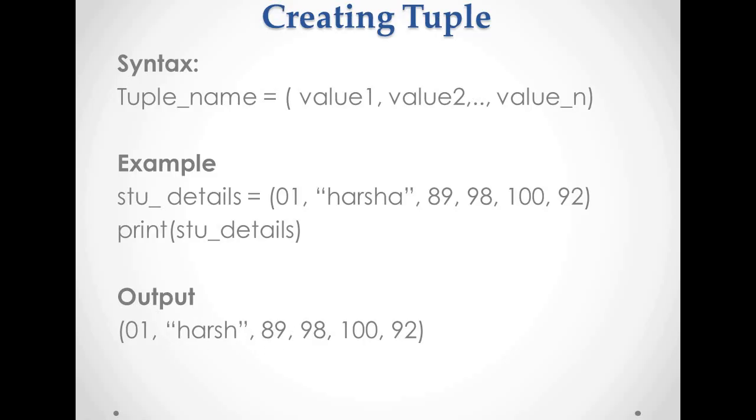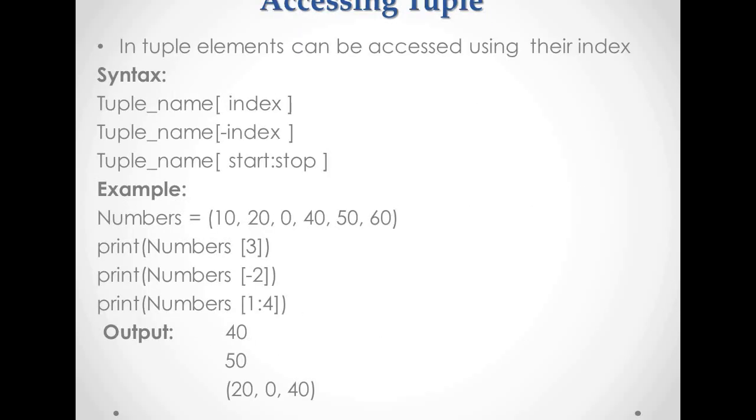Now, let's move on to accessing the tuple values. We can access the tuple values using their index. And these are the 3 methods we can use to access the elements in the tuple. The first method is, we give the tuple name and within the square bracket we mention the index value.